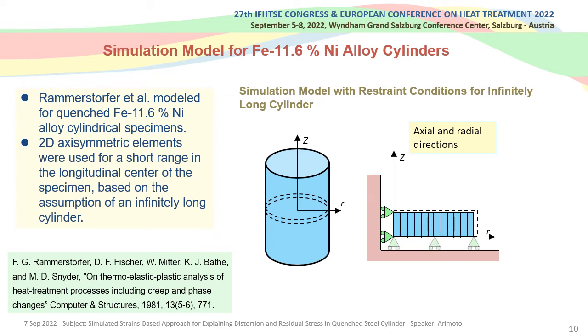The lower part of the model is axially constrained, while the upper part remains flat and can be freely displaced in the axial direction. This model was used in the simulation of Lammerstofer et al. and by Arimoto and Funatani.